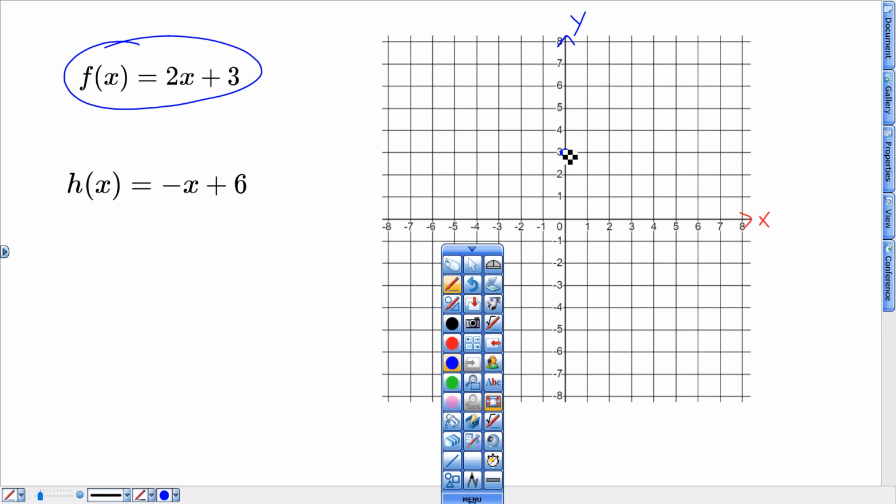And then from there, I now look at my number in front of x, that 2, that rate of change. Any rate of change number, you could change into a fraction, which tells you how many boxes to go over and up, or how many boxes to go over and down. So from that point, 3 over 1, up 2, over 1, up 2.